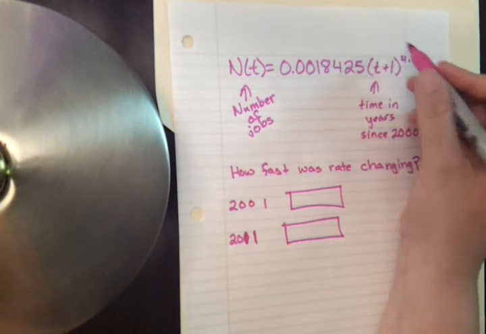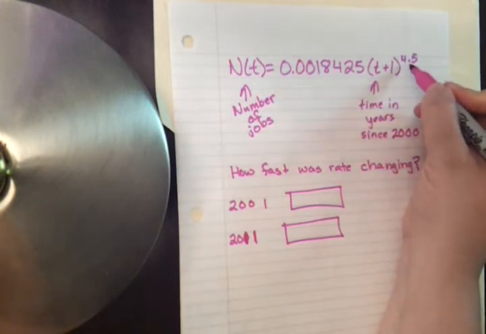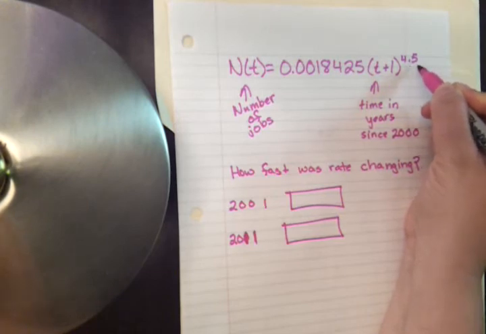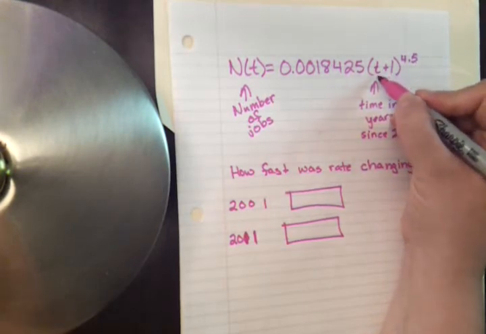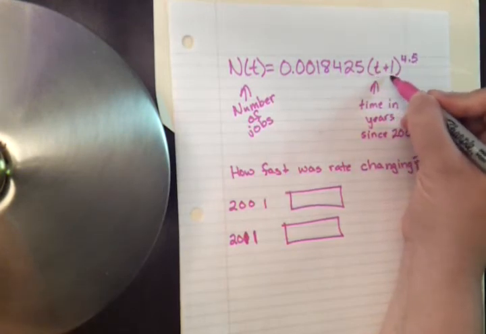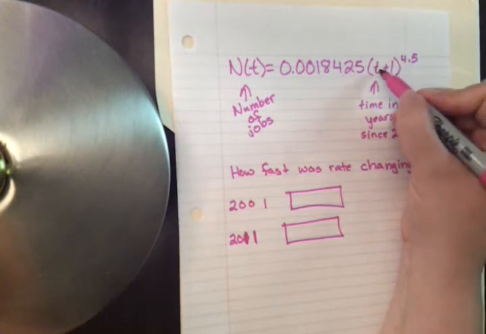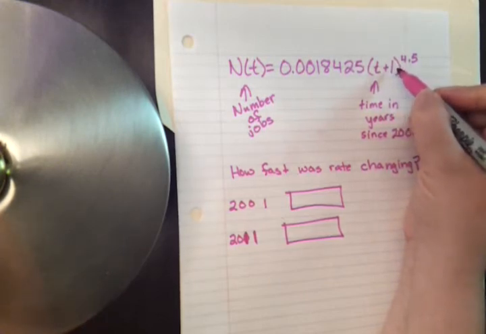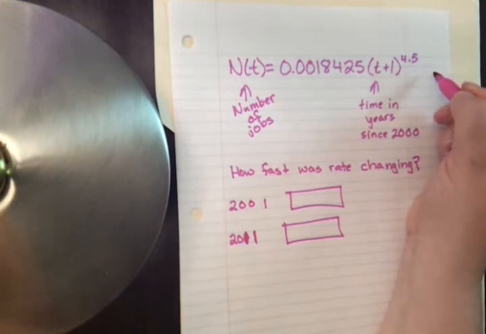You're going to change your exponent by subtracting 1 from it, so you'll wind up with a 3.5 for your exponent. And then you multiply all that times the derivative of what's on the inside, which in this case, derivative of t is 1, derivative of 1 is 0, so you're basically just multiplying everything times 1.